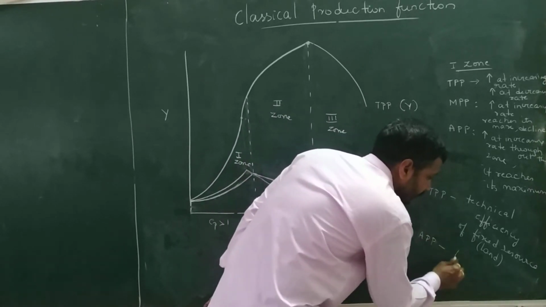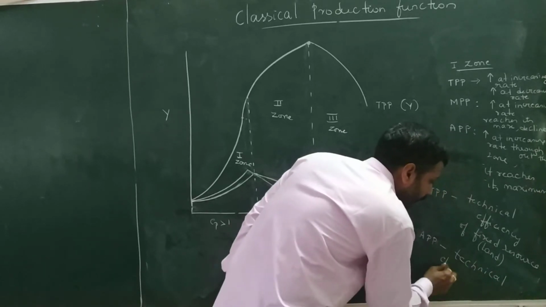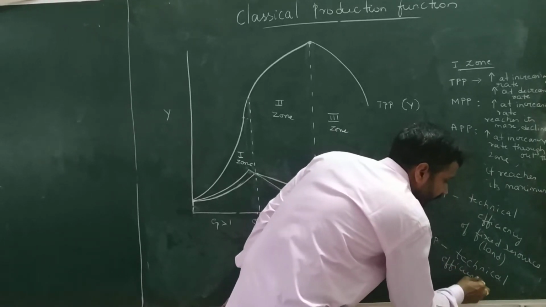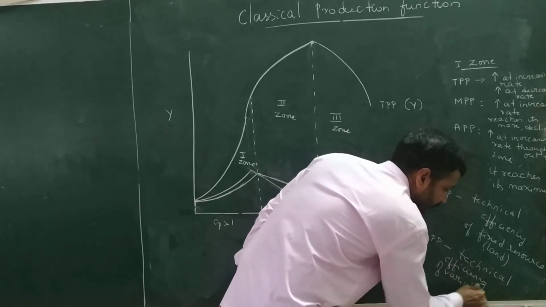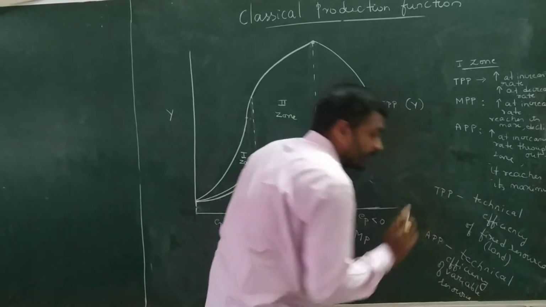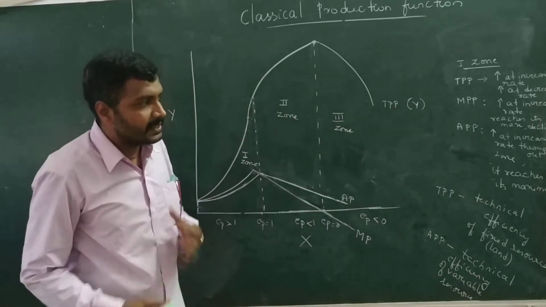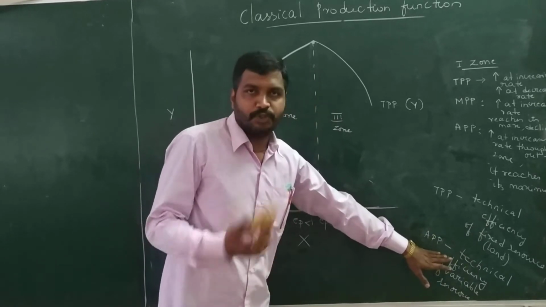APP reflects technical efficiency of the variable resource. The technical efficiency of the variable resource we have considered will be indicated by this APP, and we always expect that this technical efficiency should be a positive figure.